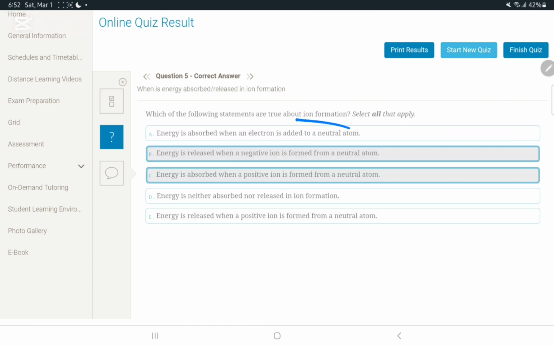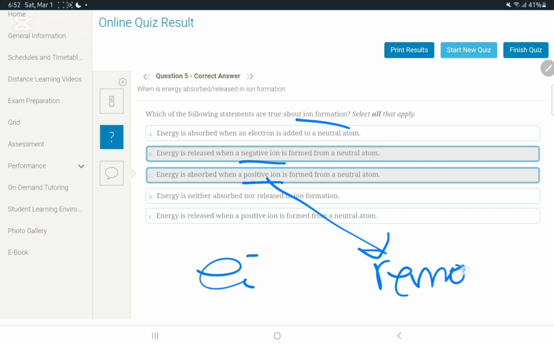Ion formation, so it's negative and positive. Negative ion means anion. An anion means it's negative, that means that you have added electrons. And positive means it's a cation, so that means that you removed the electrons, right?